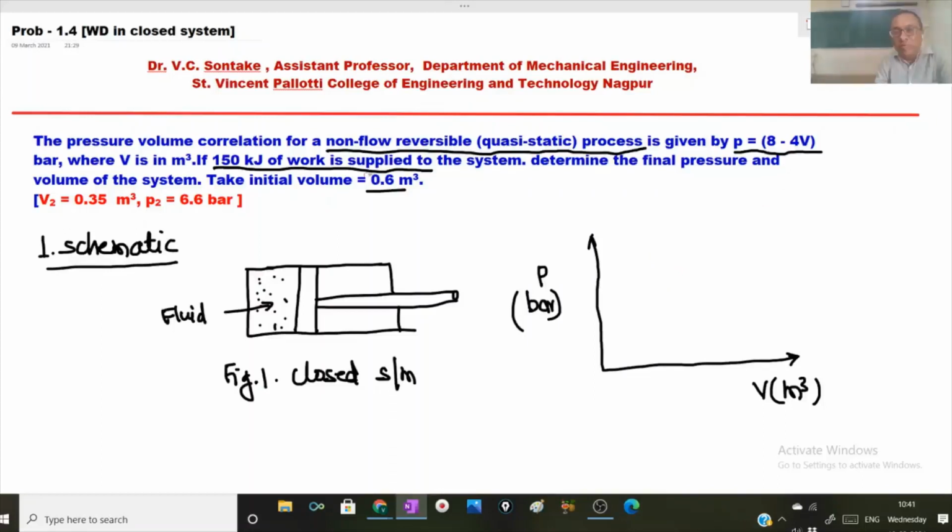So the given process is actually compression. I can represent this process on the diagram as follows. This will be the initial state 1. This will be the final state 2.